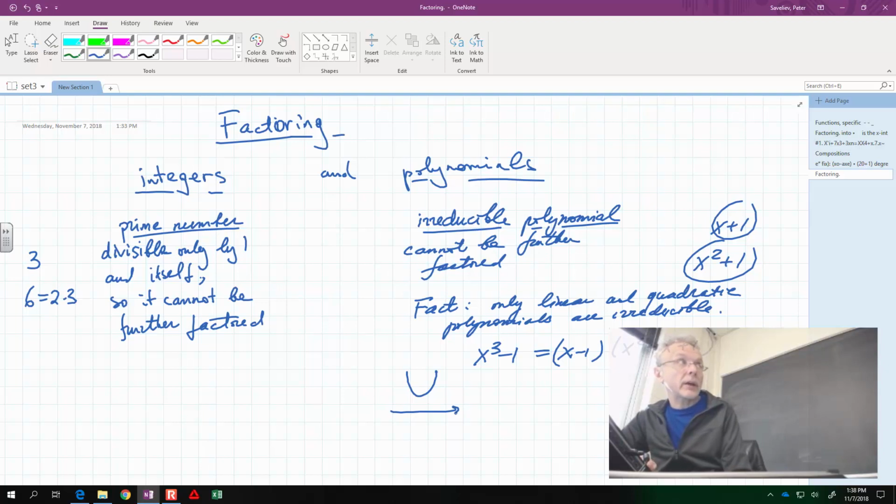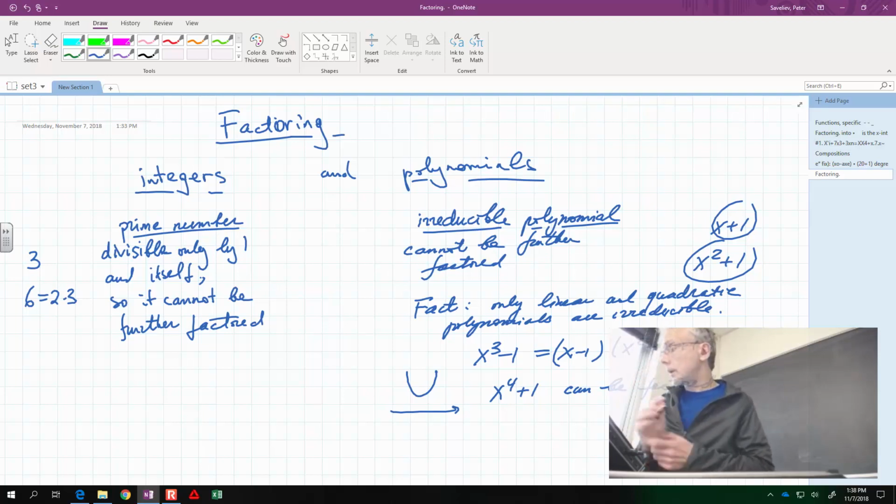So only quadratic polynomials have this property that there is no further factoring of them. So for example, x to the fourth plus 1, okay, this polynomial has no x-intercepts. However, it can be further factored into quadratic factors. I don't have the formula with me right now, but it can be further factored.